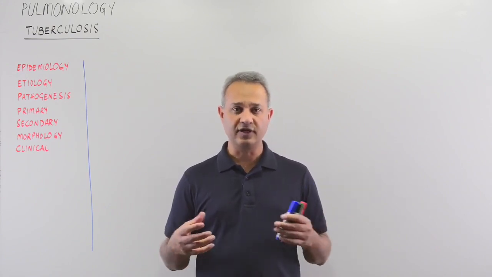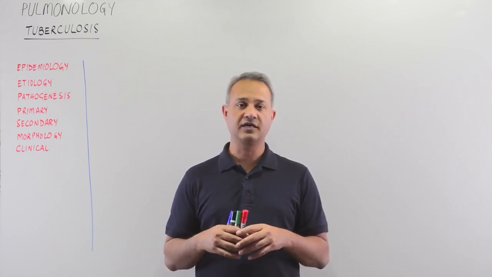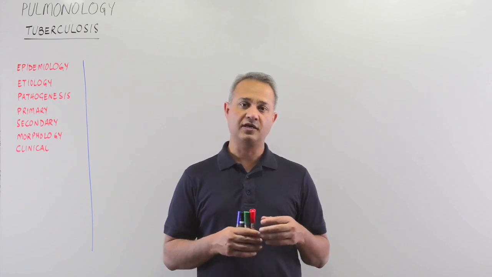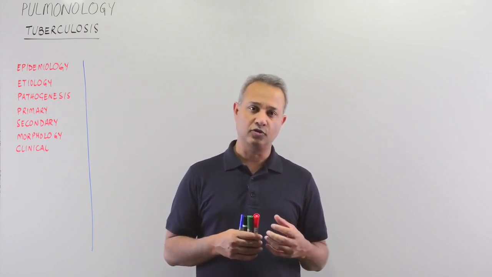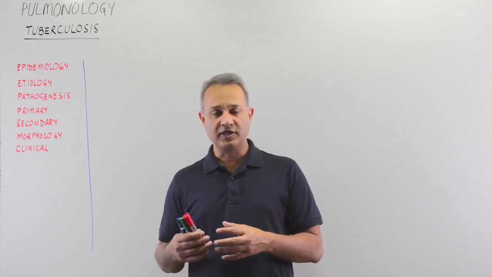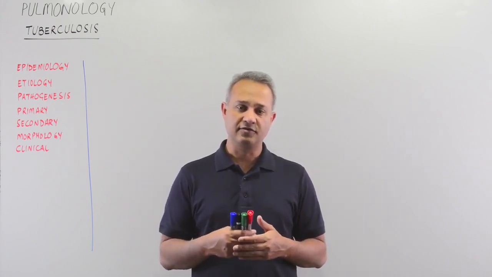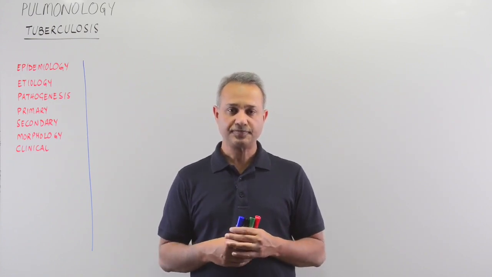So it is quite prevalent, especially in developing countries and in areas that are impoverished, where hygiene is not great, where moisture is more, where nourishment is not sufficient. These are the unfortunate people who are more affected by tuberculosis.